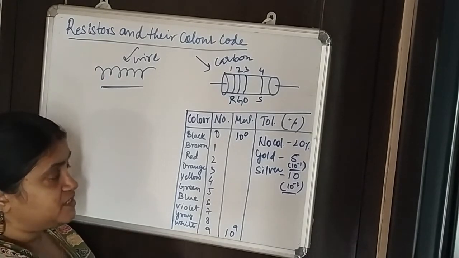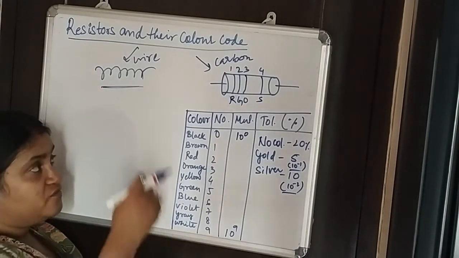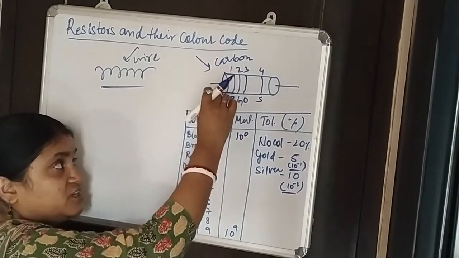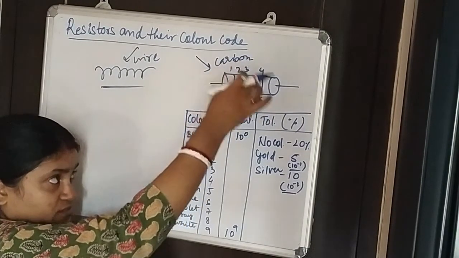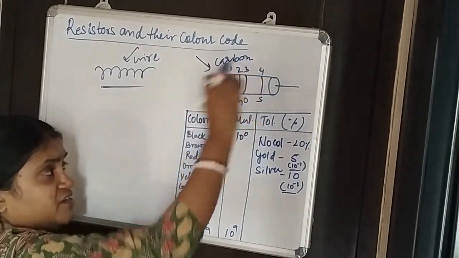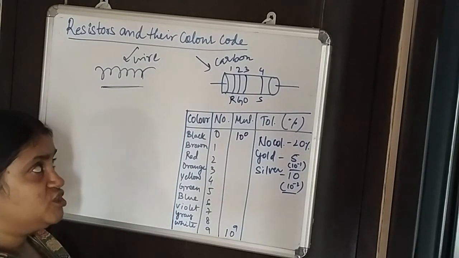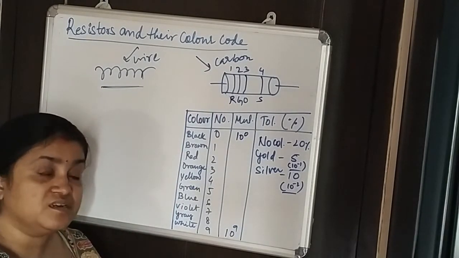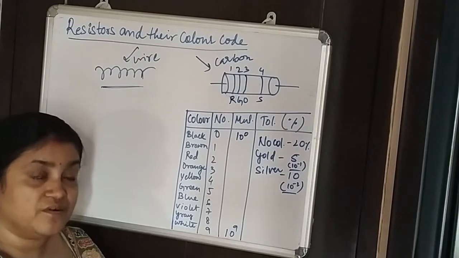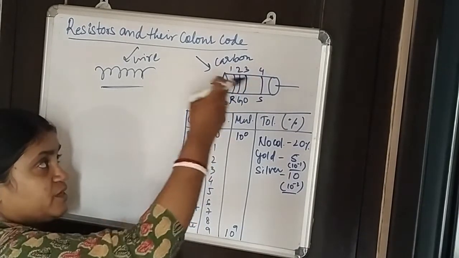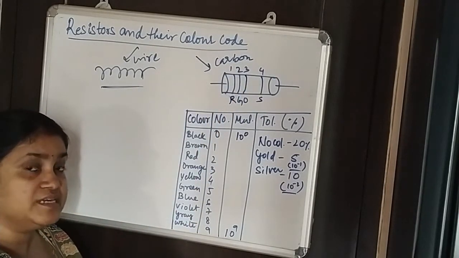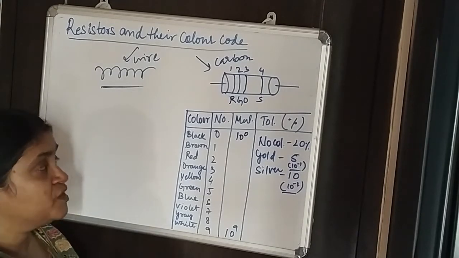And there is a way of studying the color code of these resistors. They are very small cylinder shaped, and since carbon is an abundantly found material, they are made up of carbon, very easily available and very cheap also.